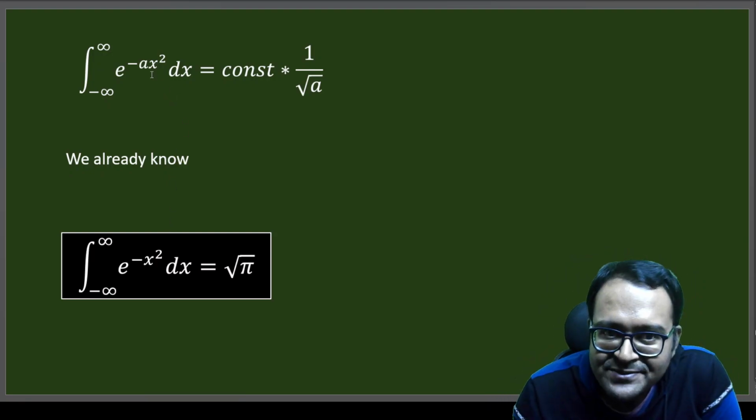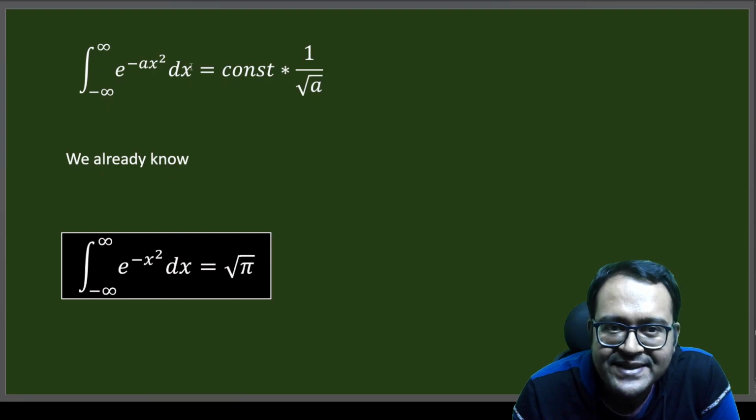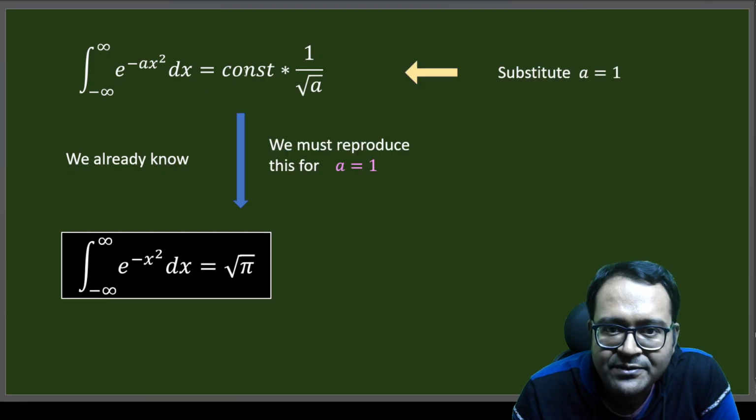So now let's substitute a equals 1, here and here. The integral of e to the power minus a x squared dx should be the constant into 1 by 1, and that result was square root of pi. So now I know that the constant is root pi.